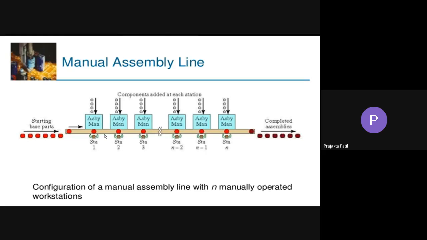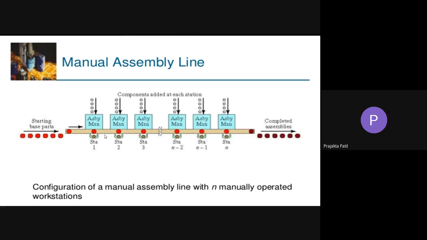The workers' productivity increased a lot, and as a result there was a dramatic reduction in the price of the parts made, because the production rate and the productivity of the laborers had increased. That's the reason the Model T of Ford showed a significant reduction in price.